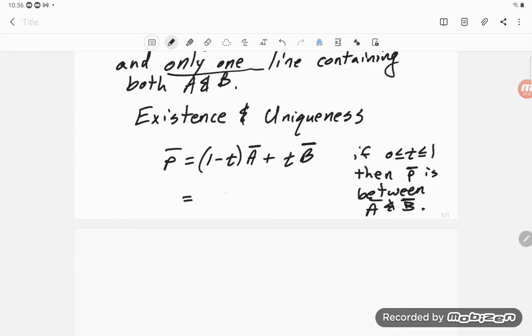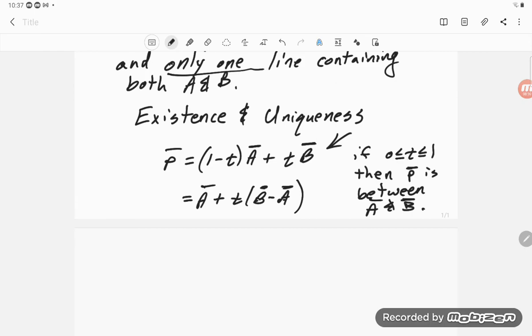And then they rewrite this as A plus t times B minus A.